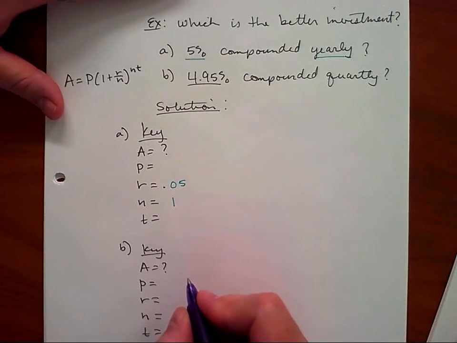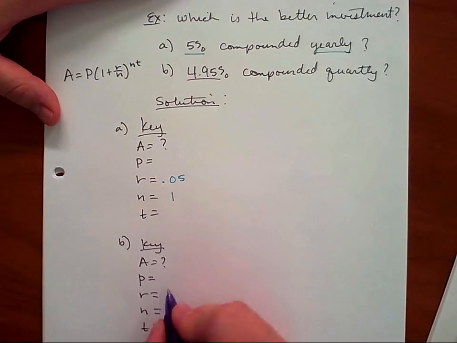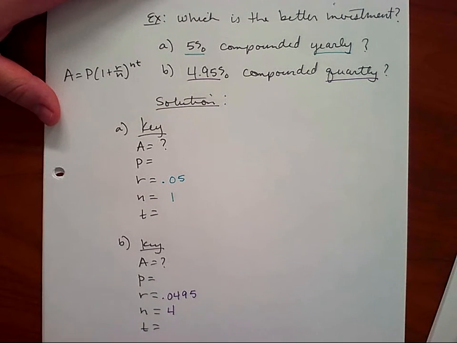Here, part B, my rate is 4.95%. Who can help me write that? 0.0495. Good. Compounded quarterly is what? 4 times per year. Okay, I'm missing a lot of information, right? What do you guys think about that?